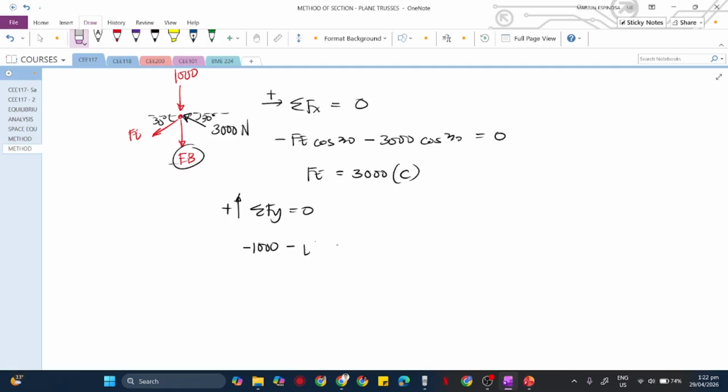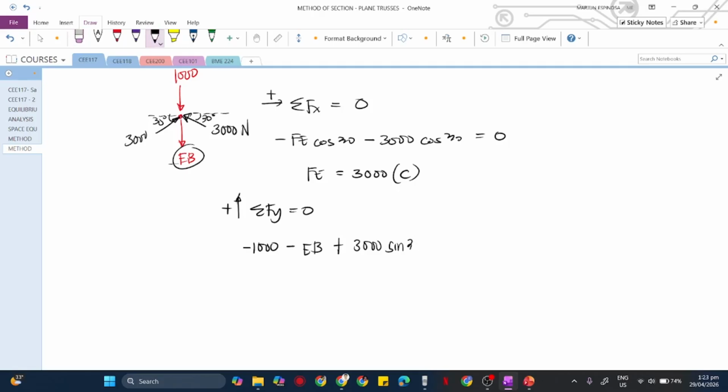And then, yung mga vertical component ng FE at saka yung 3,000. So, since that is like a compression, so correct na natin yung direction, papunta yan dito. Okay, kaya yung FE natin is 3,000 also. So, lahat yan sila is positive, paitaas. So, positive 3,000, and that is sine 30.